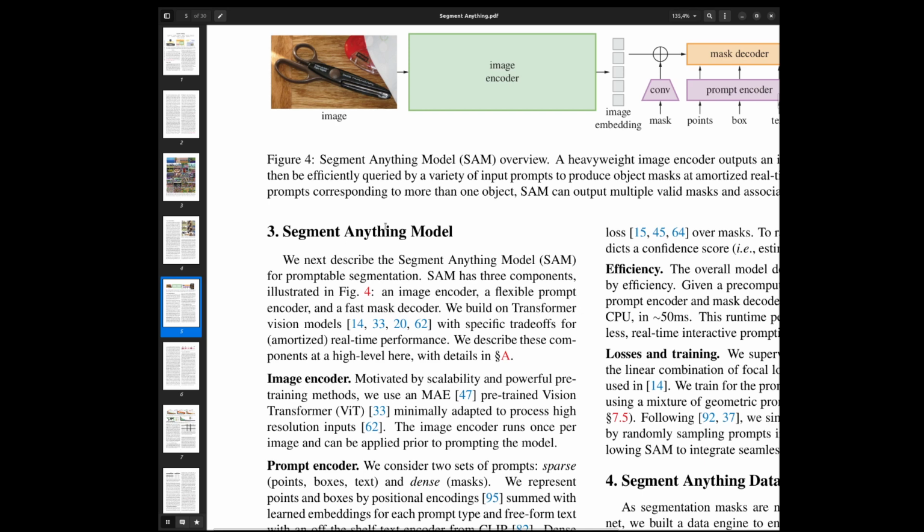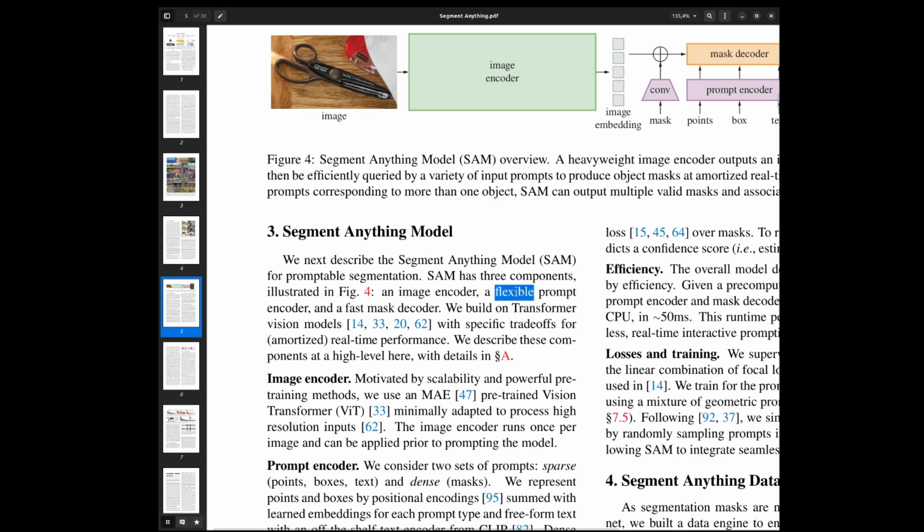Okay, Segment Anything Model. We next describe the Segment Anything Model, SAM, for promptable segmentation. SAM has 3 components, illustrated in figure 4: an image encoder, a flexible prompt encoder, and a fast mask decoder. I really like how they attach words like flexible and fast, right?